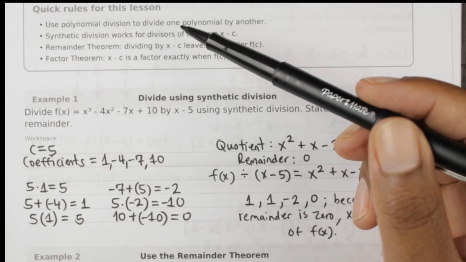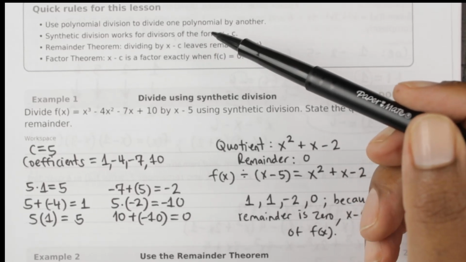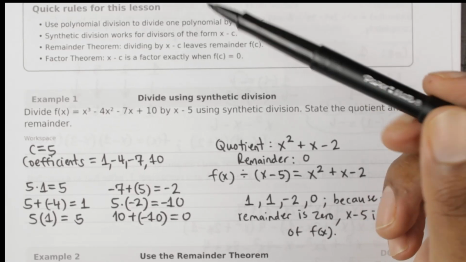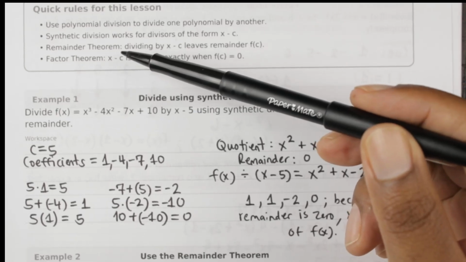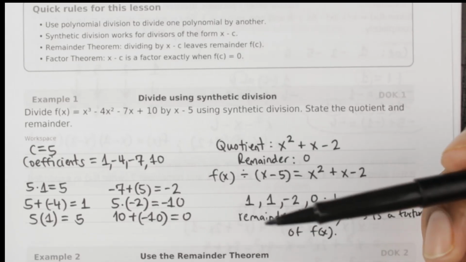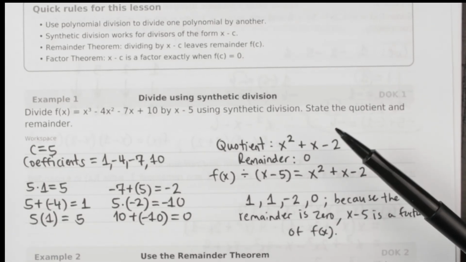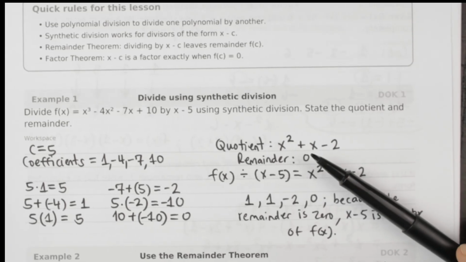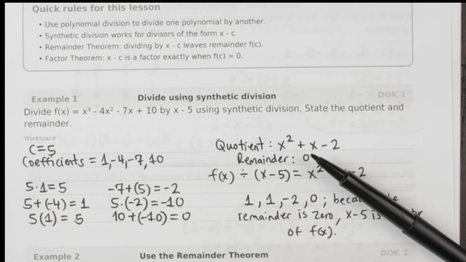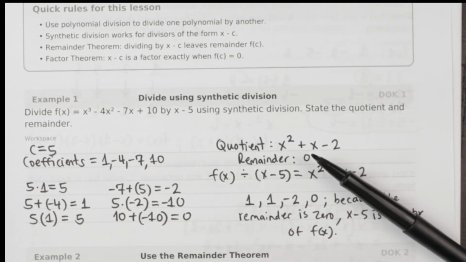Remainder theorem: dividing by x minus c leaves the remainder f of c. And then the factor theorem: x minus c is a factor exactly when f of c is 0. We use synthetic division when the divisor is linear, use the remainder theorem to find remainders quickly, and then use the factor theorem to test whether something is actually a factor, right?